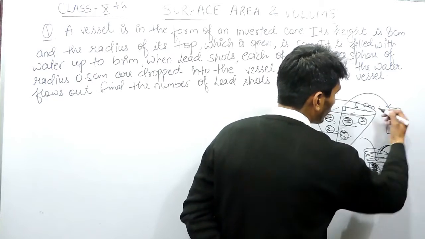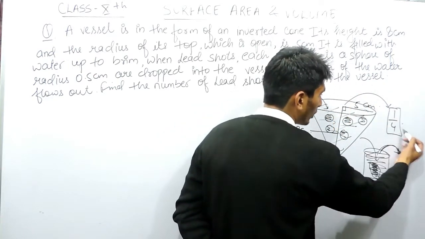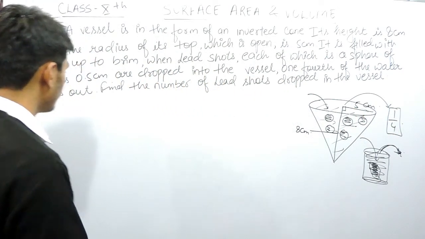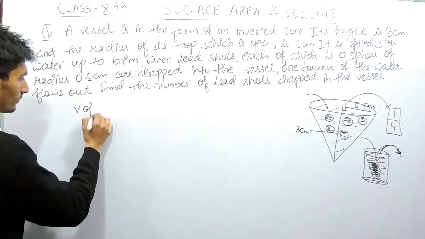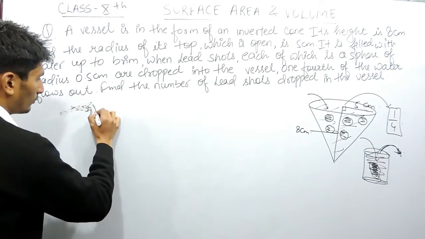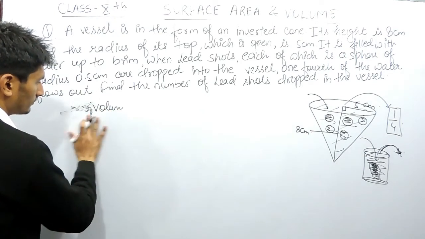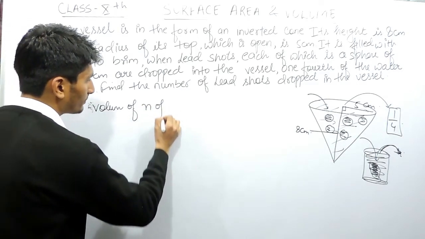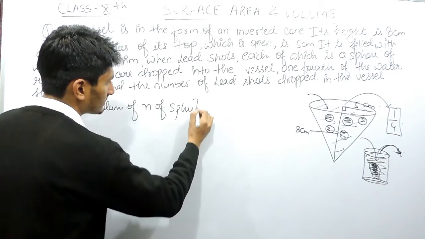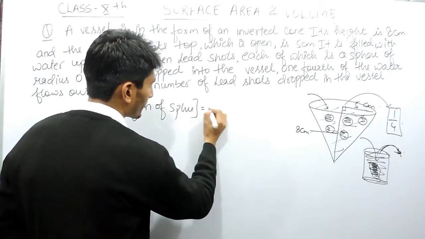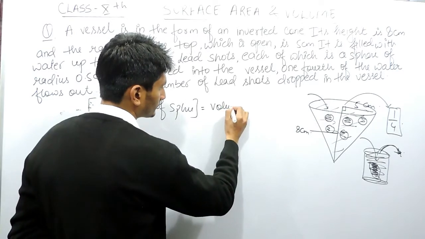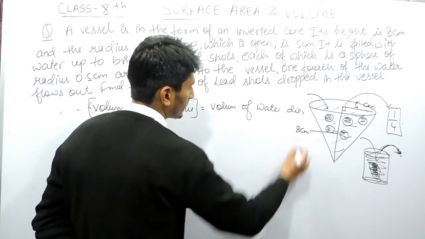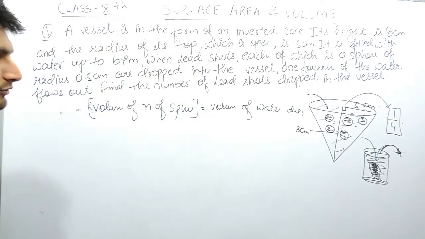So the first thing is, here the volume of all these spheres will be equal to the 1/4 of the volume which has been taken out, and 1/4 of the volume will be the 1/4 of this complete cone. So here the volume of n numbers of spheres, we don't know how many spheres are placed, will be equal to the volume of water displaced, or you can say water which has been flown out.